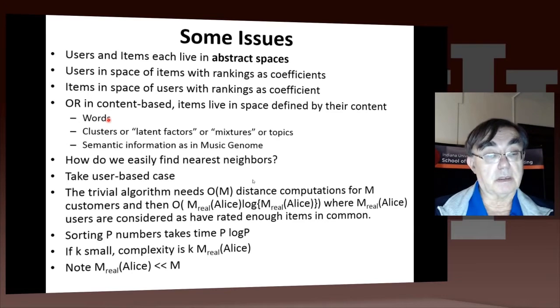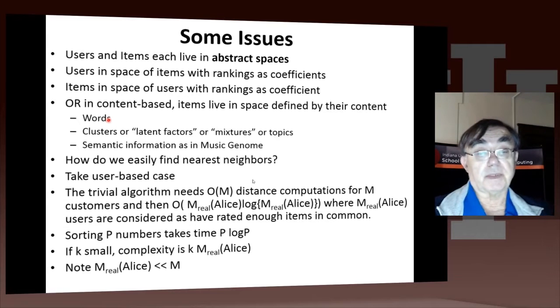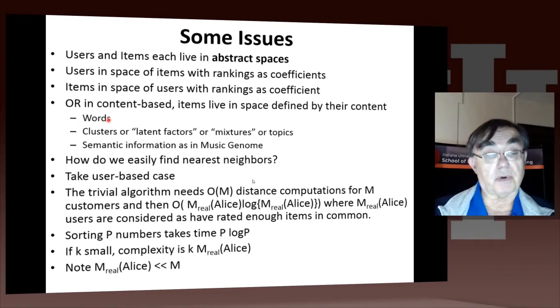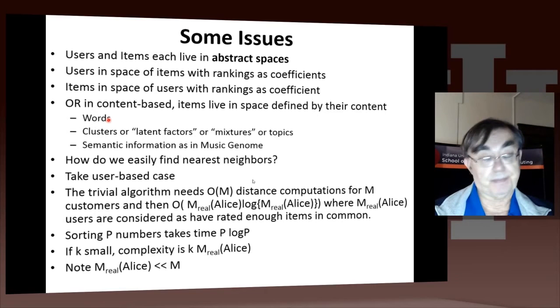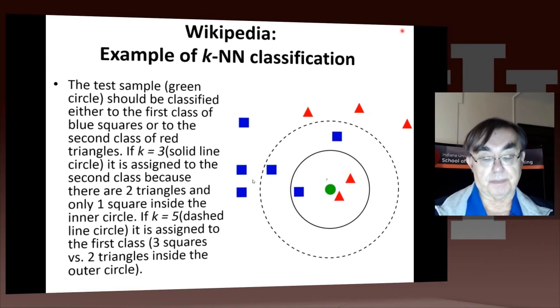And this points out that the number of customers which rated items in common with Alice is actually incredibly small compared to the total number of customers. So you would never use the trivial algorithm, because you can always speed it up by using the sparsity of the system.